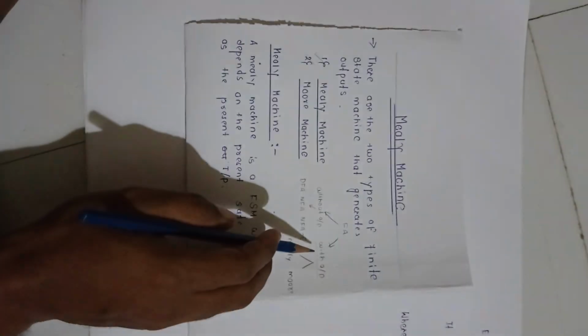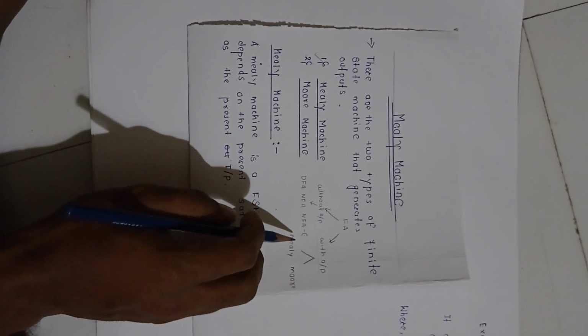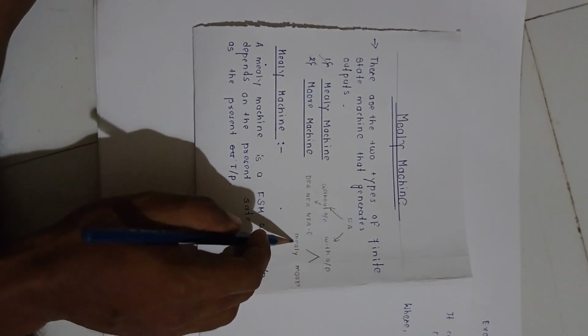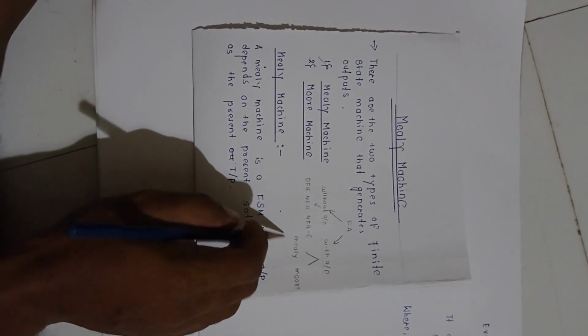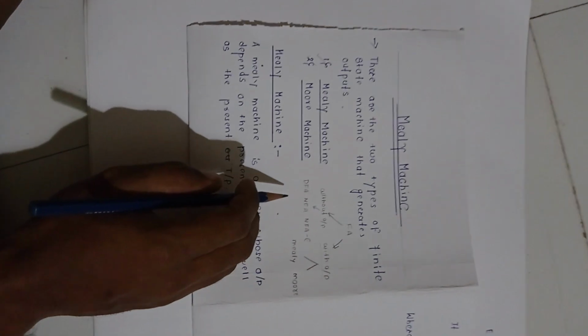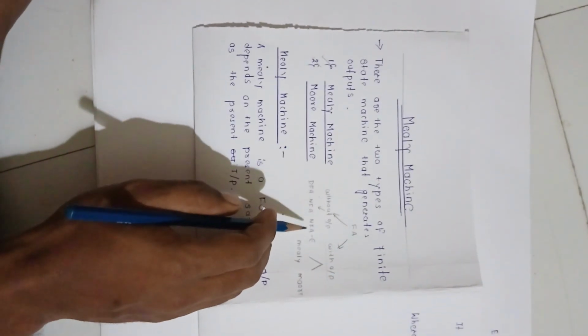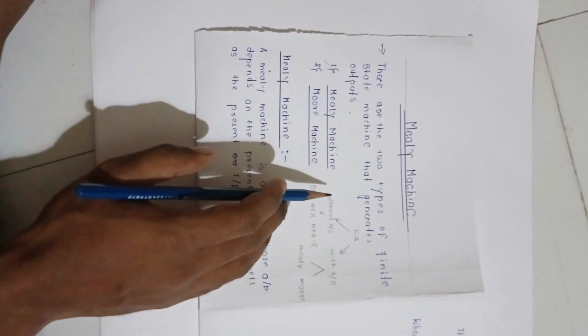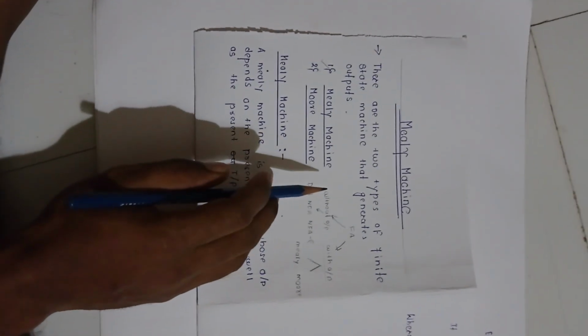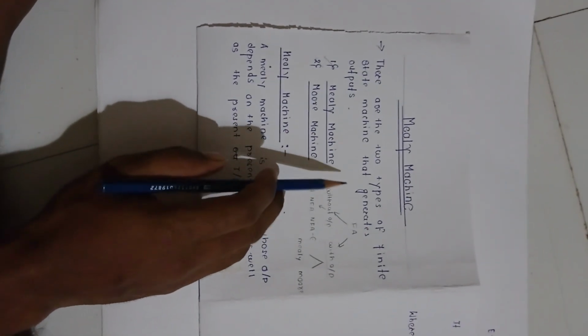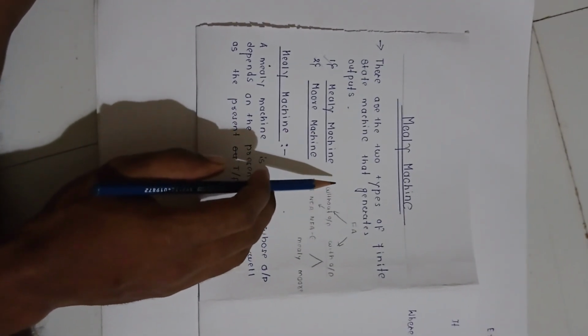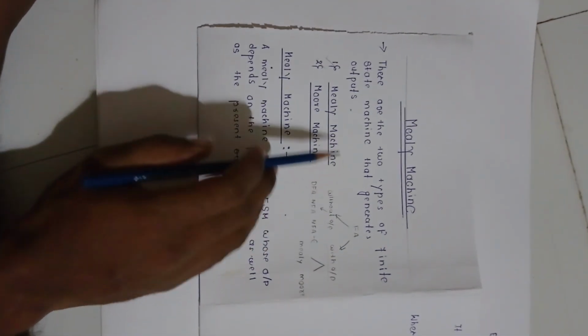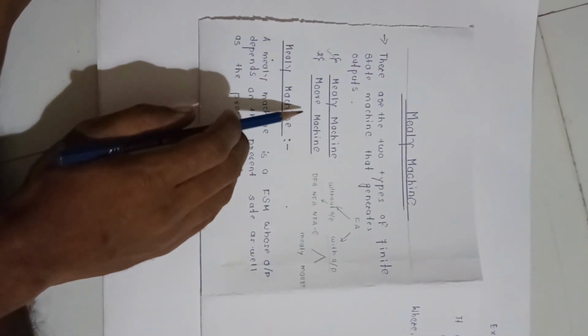With output, there are the Mealy machine and the Moore machine. These are the two types of finite state machine that generate output.